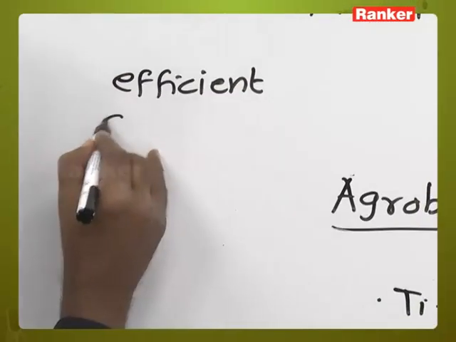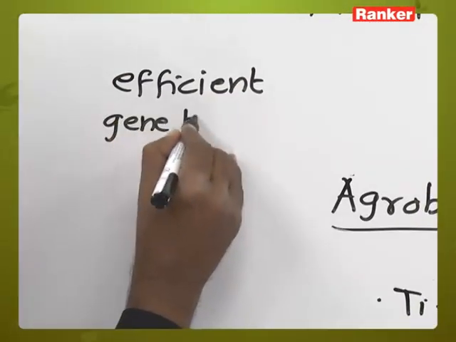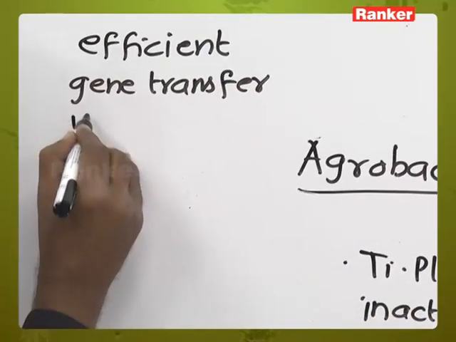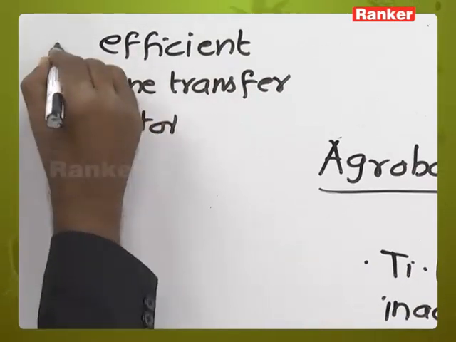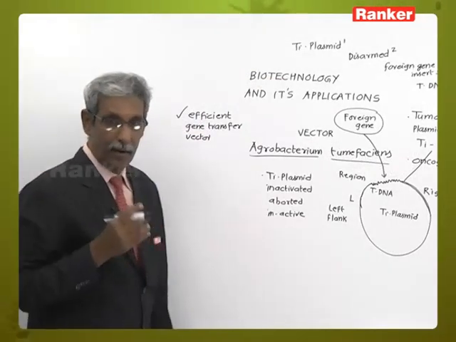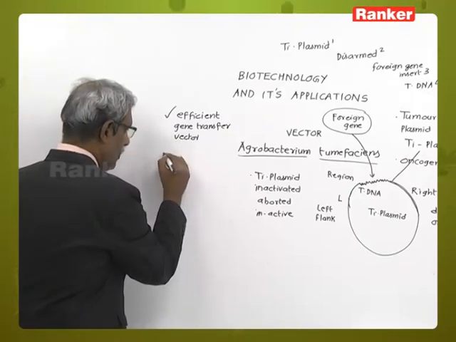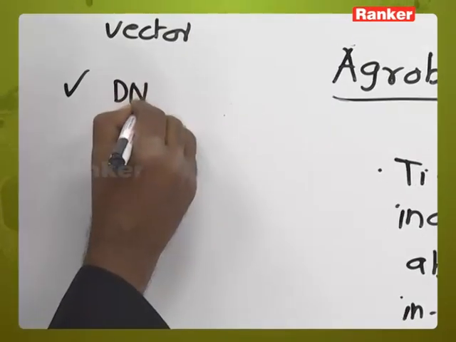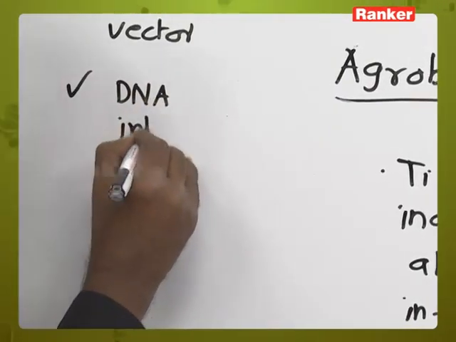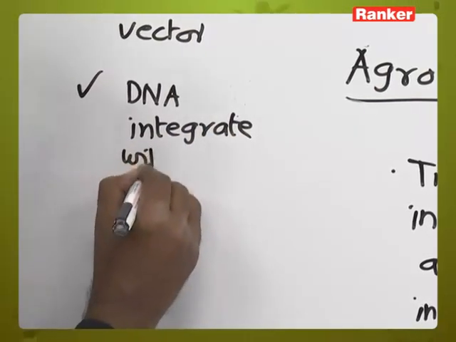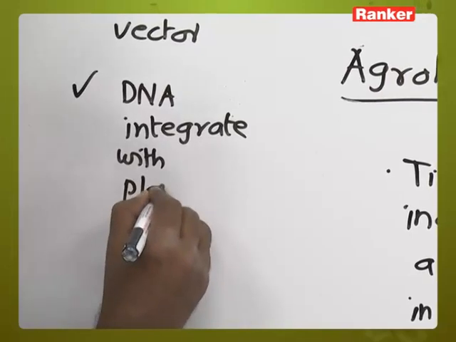It is an efficient gene transfer vector. Number one is that, and next one is it can directly take a foreign DNA insert and integrate it with the plant DNA.